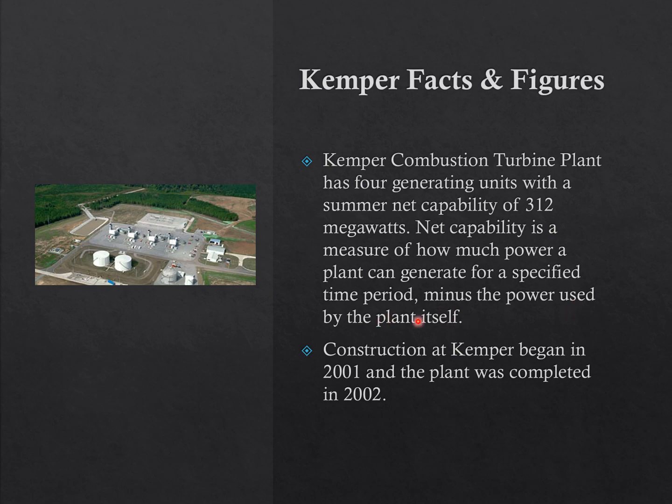You have to take this out of this amount, because power use is not your pure generating power. If you want to know the accurate generated electricity power, then you have to get rid of the power that you use for the plant itself.